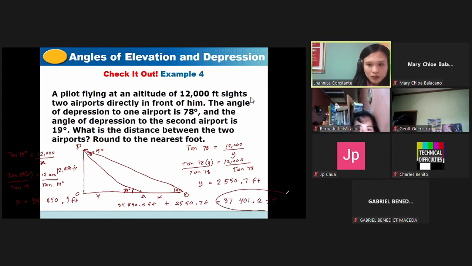So that's the total distance that we have from the airplane to the two airports.